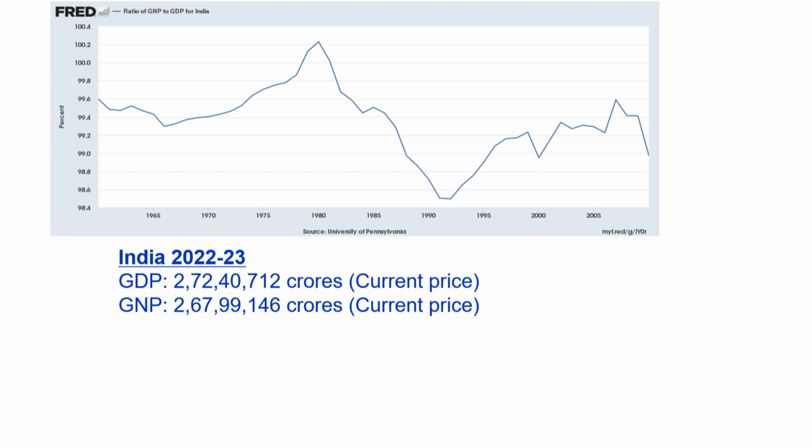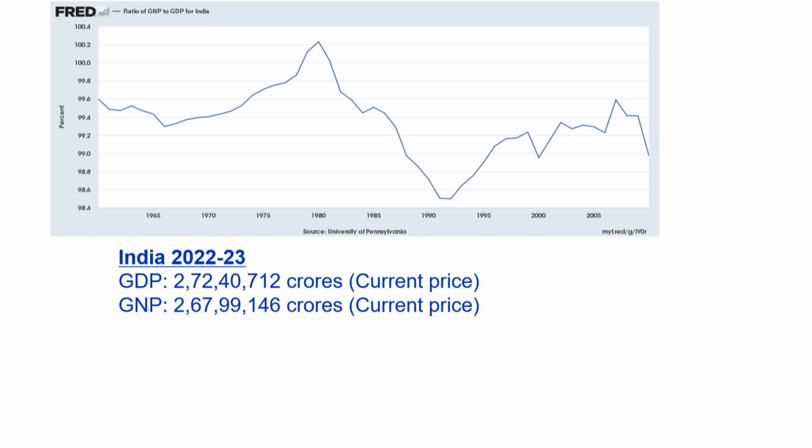I am showing you some GDP and GNP data from India over a period of time, collected starting from the 1950s to 2023.